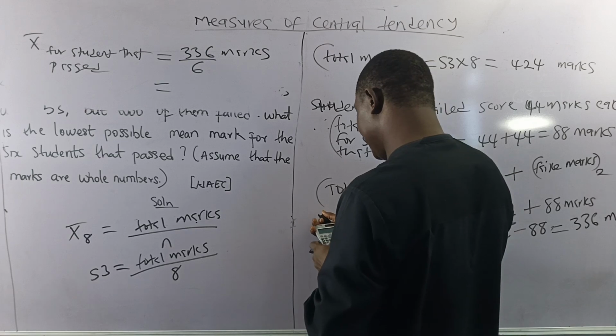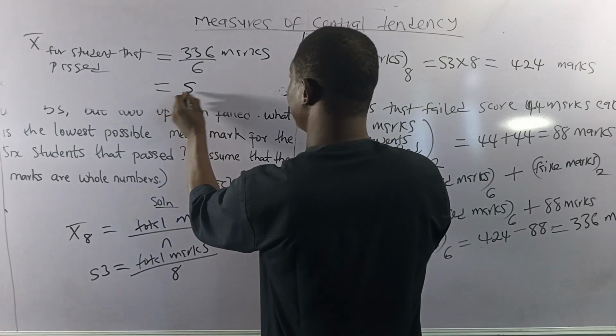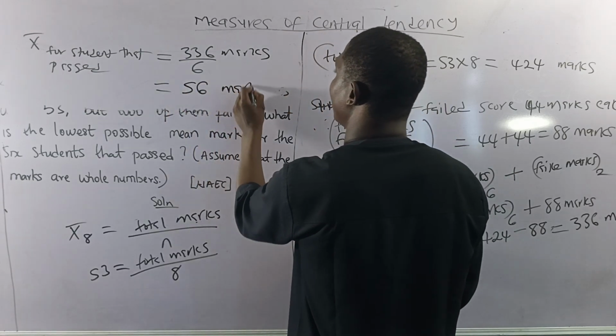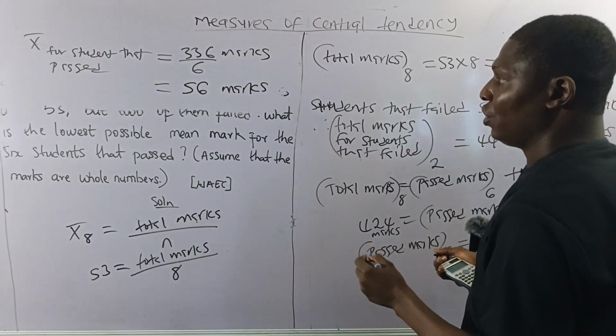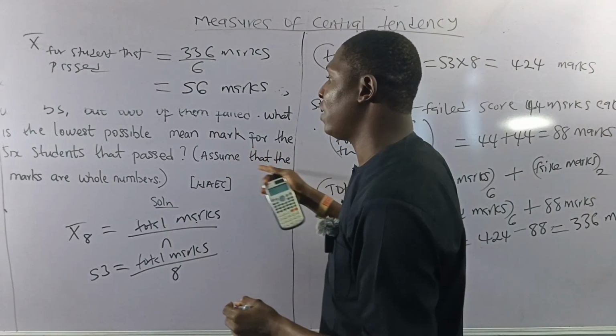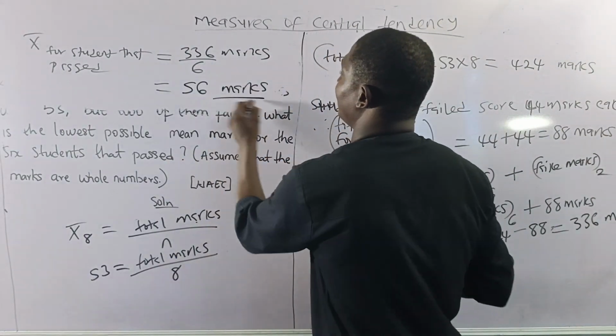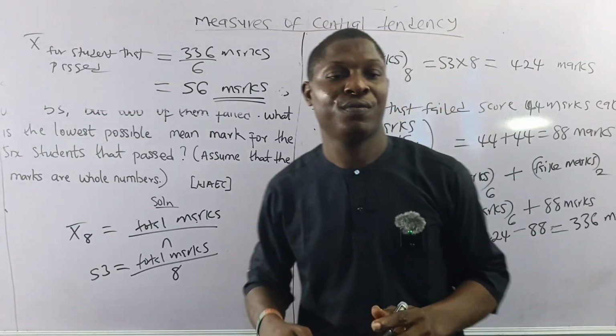And 336 divided by 6 will give me 56. So the average, which is the lowest possible mean mark for the 6 students that pass, is 56 marks. Thank you.